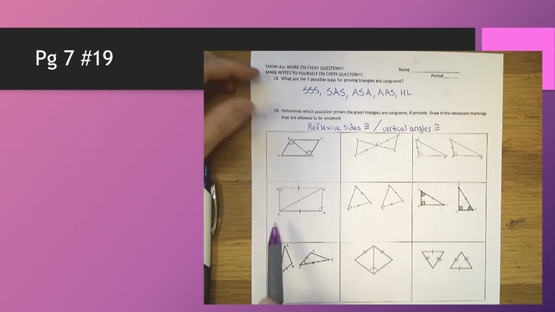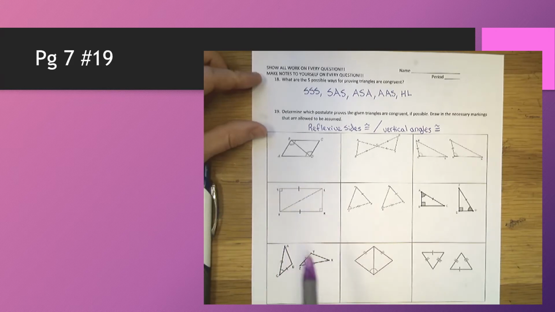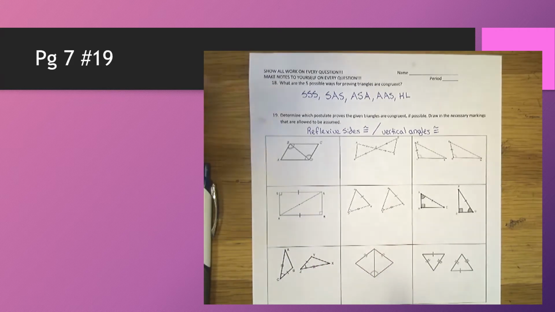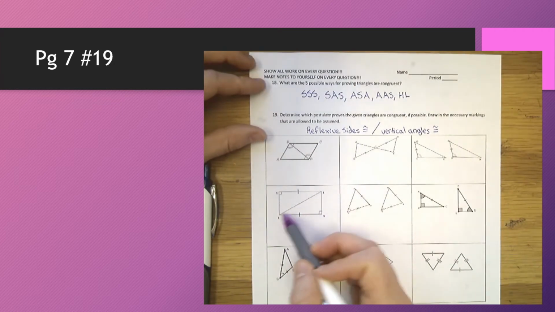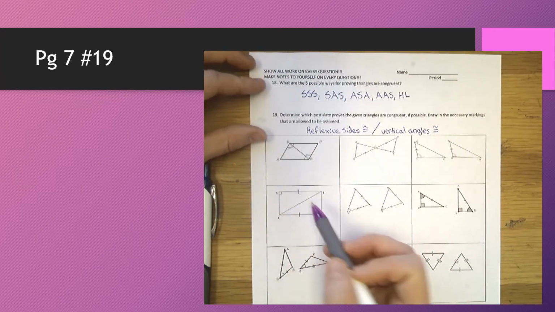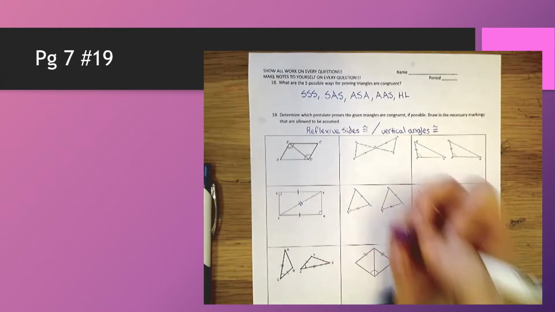Now, this one here, you have the right angle, so we have an angle, and you have at least one side congruent. Now, this is actually one where I can assume something, and that's this side here that it's touching both triangles. So if it's touching both triangles, it has to be congruent for both.